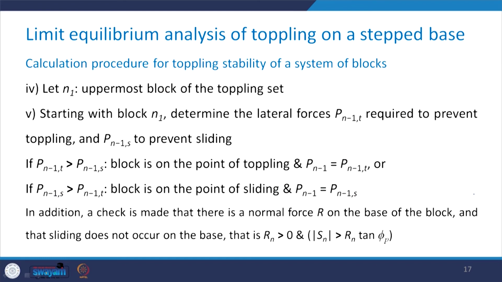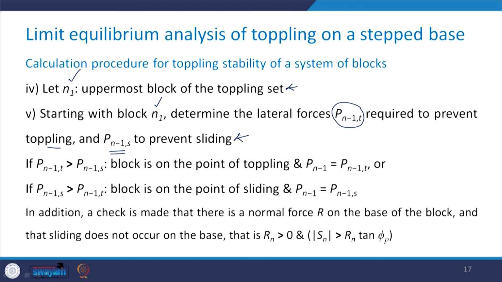Now let us say that N1 be the uppermost block of the toppling set. Starting with the block N1, we will determine the lateral forces Pn minus 1 comma t which is required to prevent toppling, and Pn minus 1 comma s to prevent the sliding.